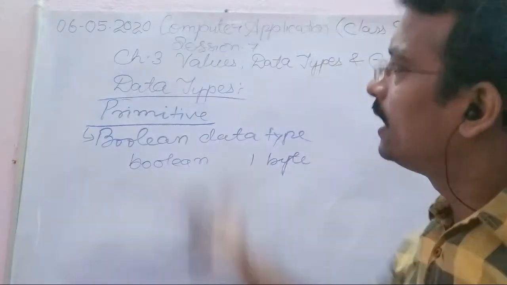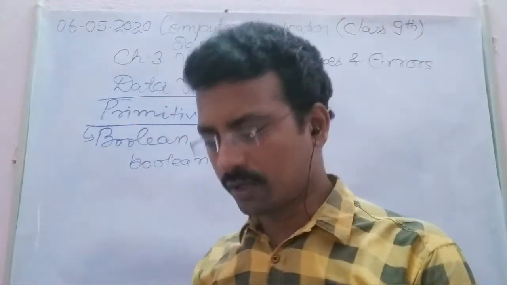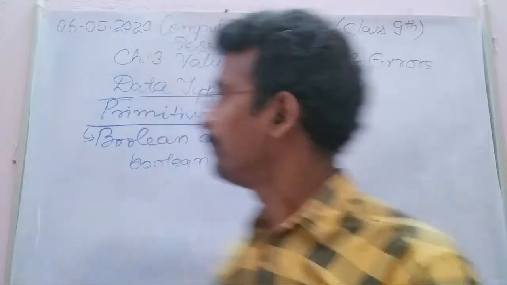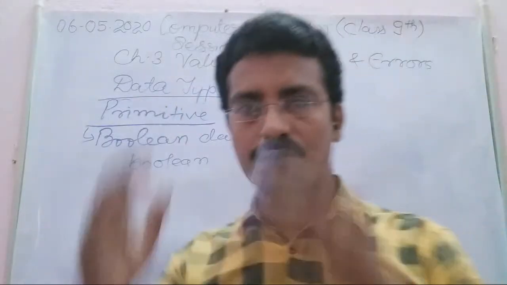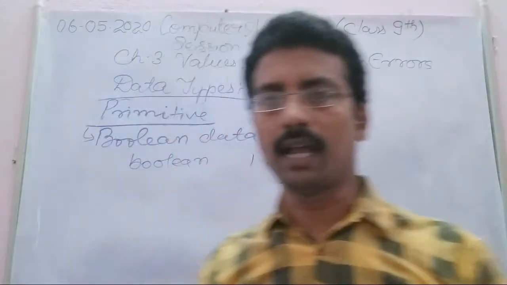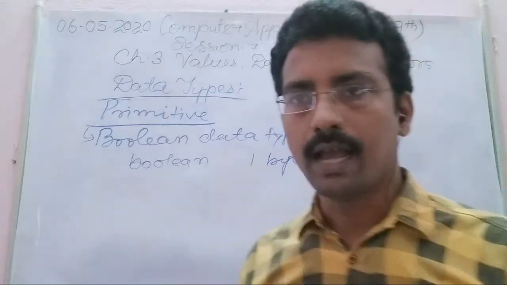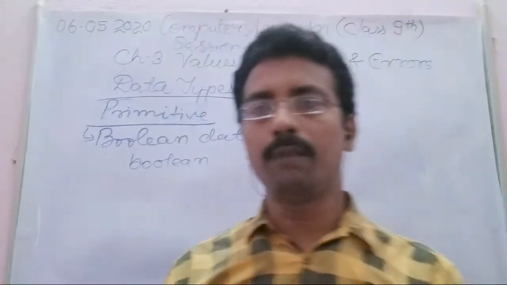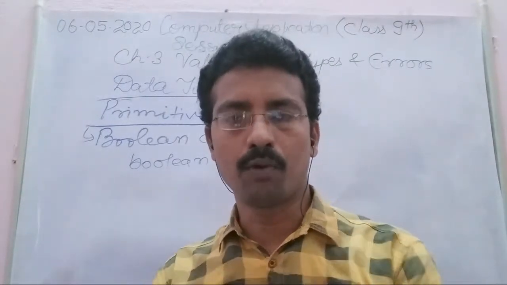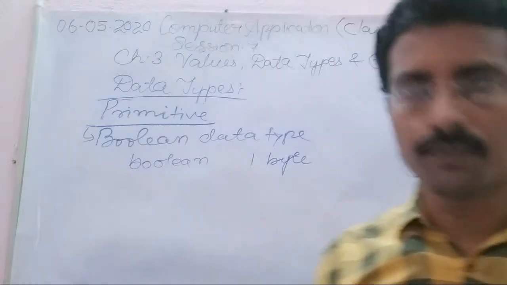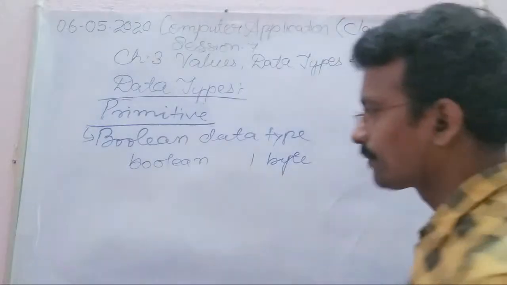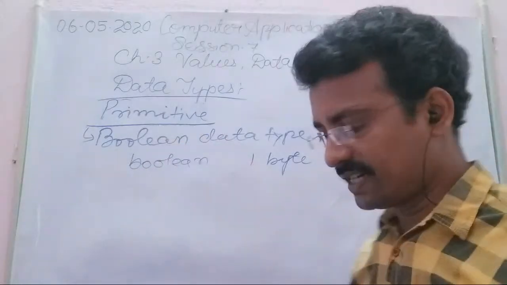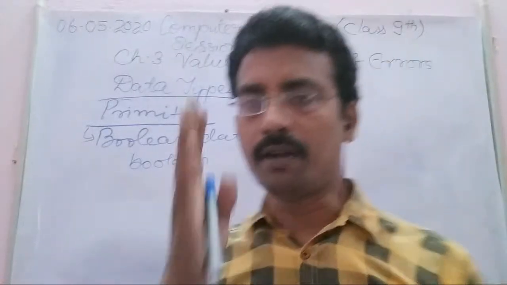So this way, this is the small structural representation of the primitive data types. We have now seen all the primitive data types. After that we will see how these primitive data types are used in programming. Before that, one very important thing: all primitive data types have some default value.